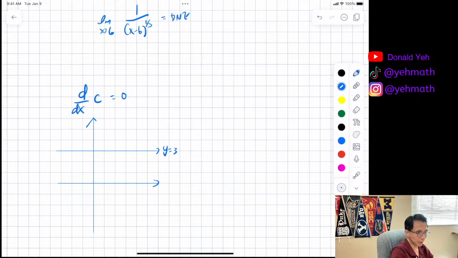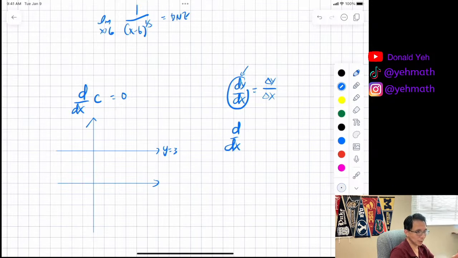Also, a lot of people don't understand this notation. What is this? This means delta. D stands for delta. Delta x, delta y over delta x. That's how much y is changing and how much x is changing at the same time. So this is the derivative of y, but if I take the derivative of something, it's d over dx.